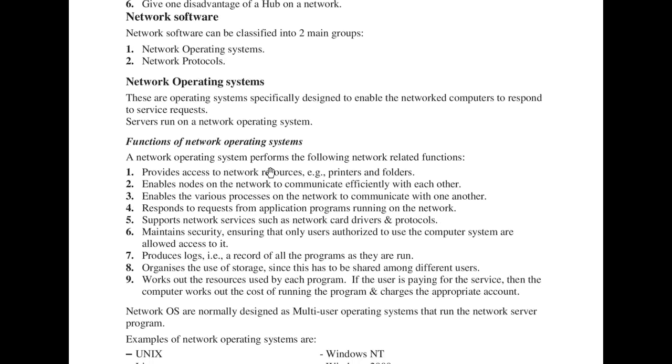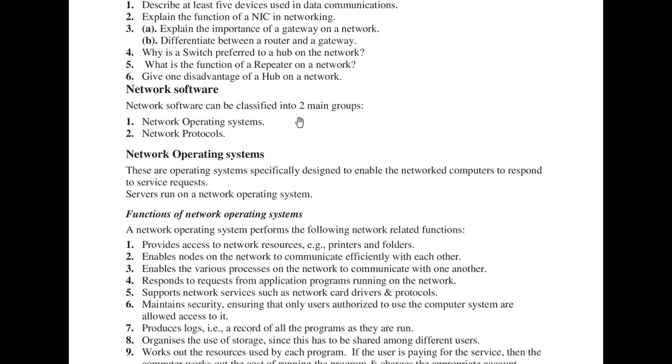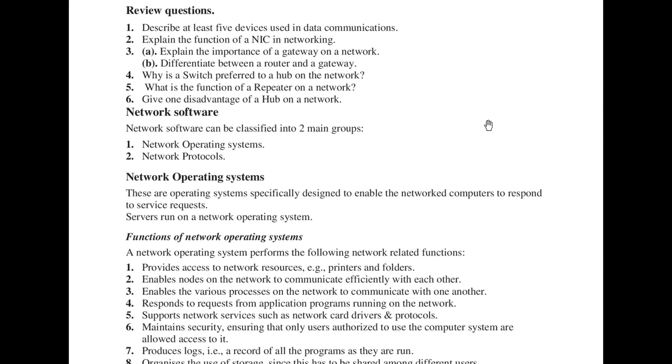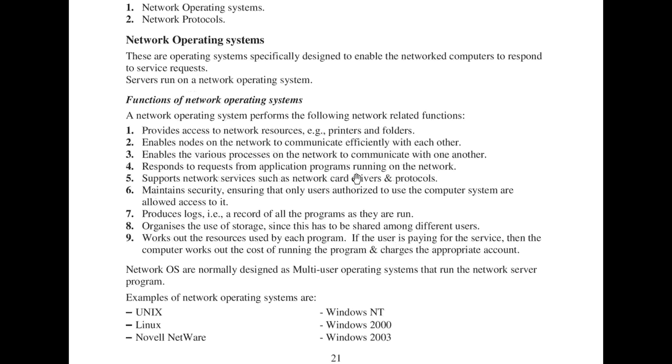Then guys, let's go to network software. Remember, we talked about network software. Network software is classified into two. We have the network protocols and the network operating system. The NOS, or network operating system, is the operating system that provides the following functions.